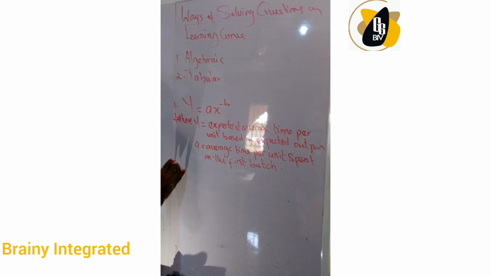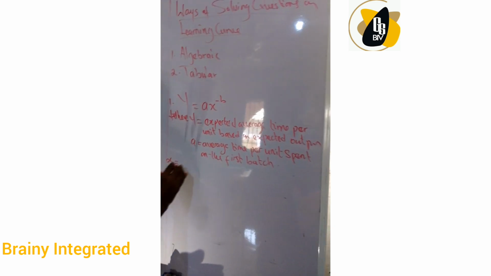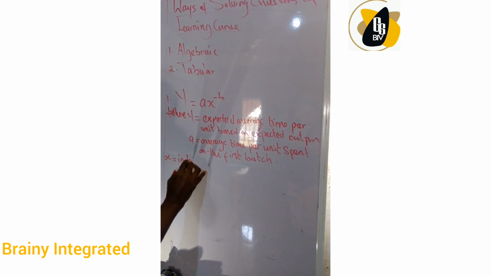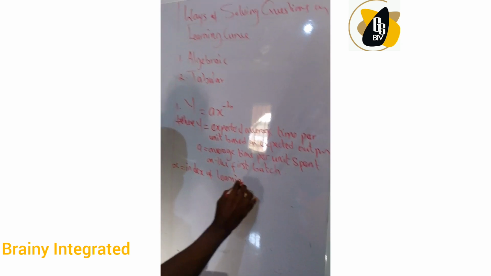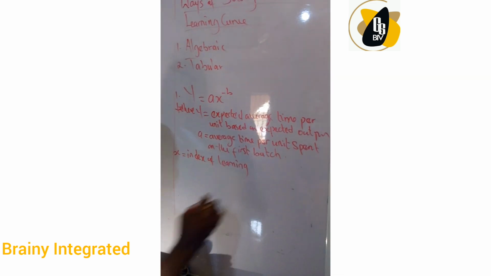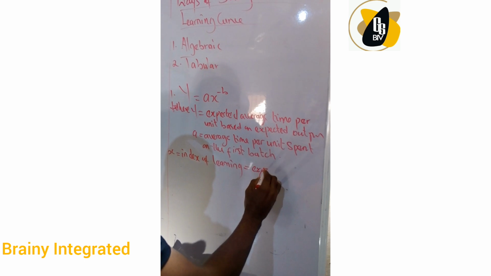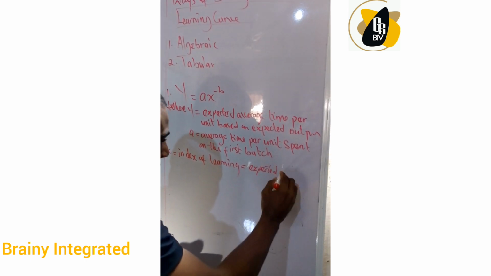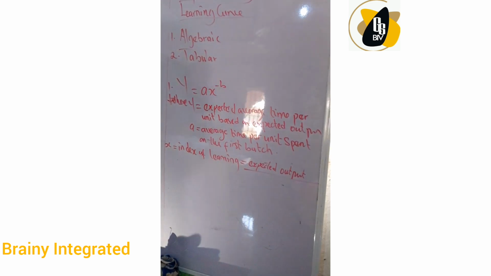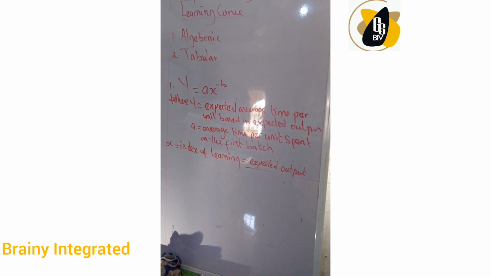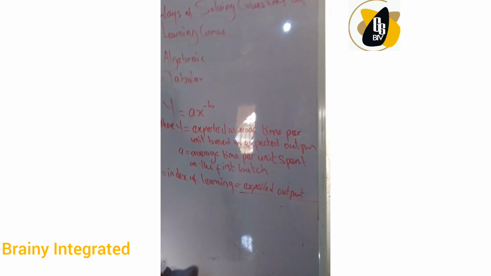X is the index of learning, and the index of learning is calculated by expected outputs divided by the number of units in the first batch.